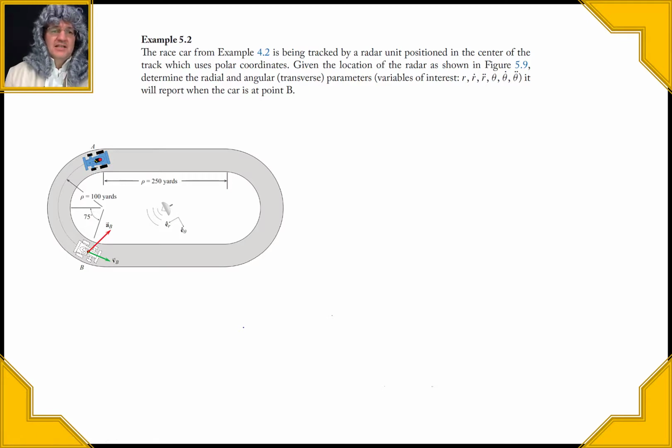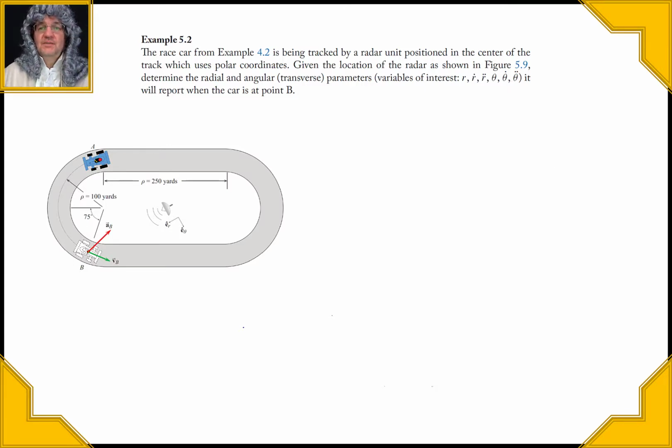We have that same race car, but now we have this radar unit that's spinning, and even though radar doesn't exactly work this way, this particular radar has to spin and turn along with the thing it's tracking. Let's say that's how it works.